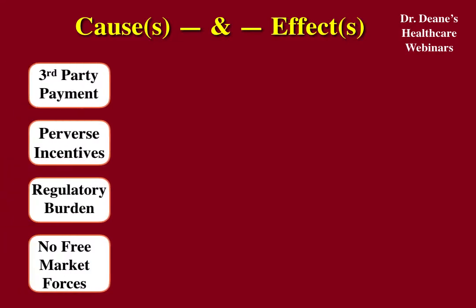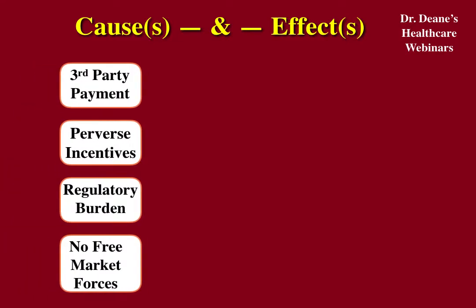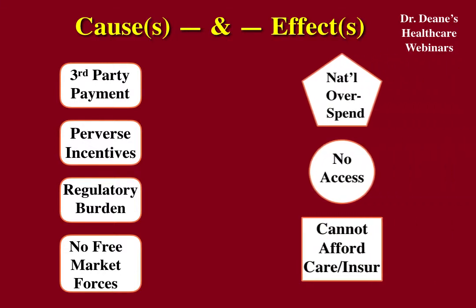Now, what are the effects of those four things that we just discussed: third-party payment structure, the perverse incentives, the regulatory burden, and the lack of free market forces. They produce the three basic symptoms of patient healthcare sickness. We spend too much nationally. We as patients can't get the care we need when we need it.